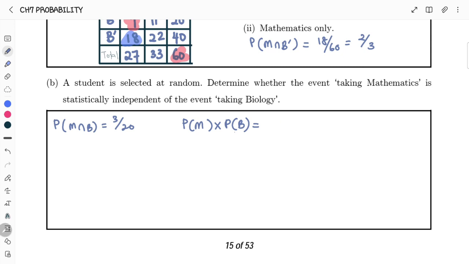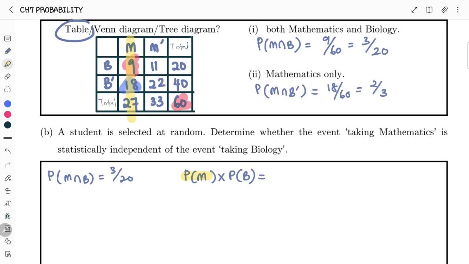For P(M), you have 27, and for P(B), you have 20, over 60.